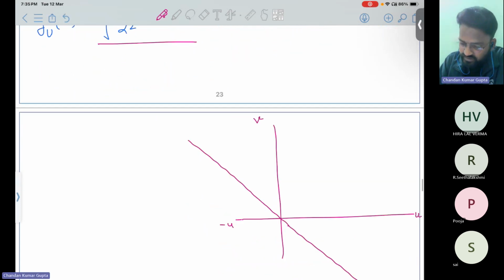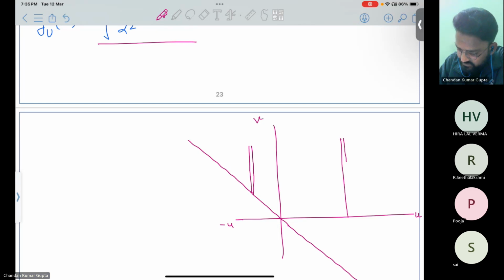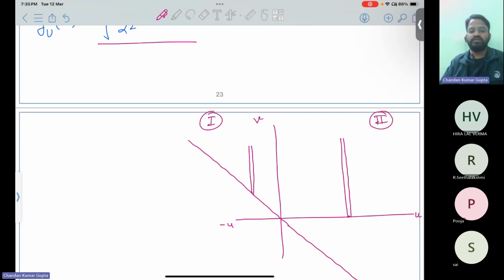The first one will be like this, and the second one is like this. In the first region, what is the range of v? From this line, v equal to minus 2u, to v equal to infinity.